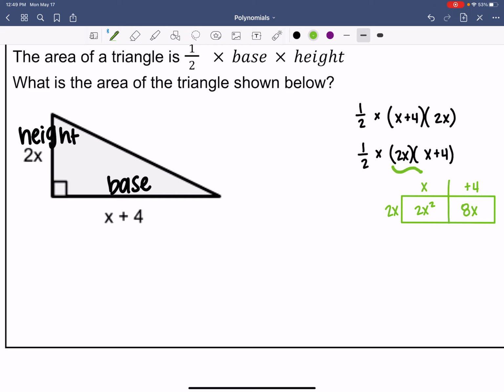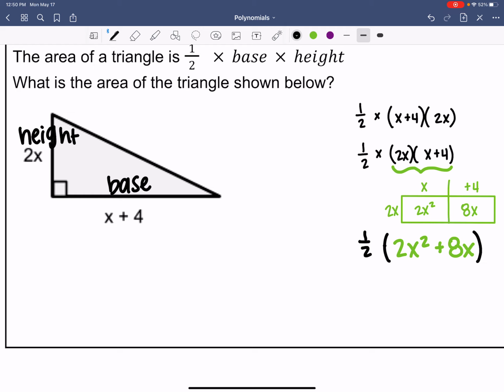But now we still have to multiply 1/2 times that. I don't want that to look like an x, so I'm going to put a little dot instead. Okay, so remember that we still have to multiply 1/2 times all of this.